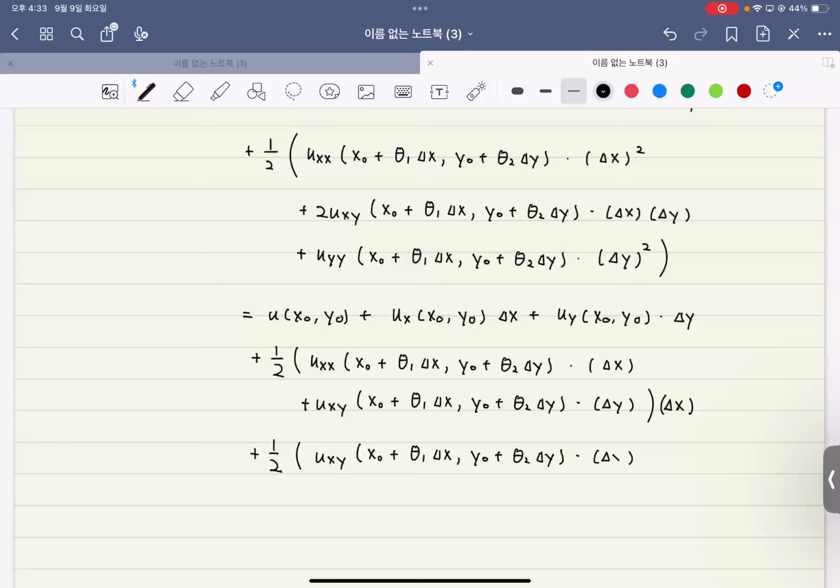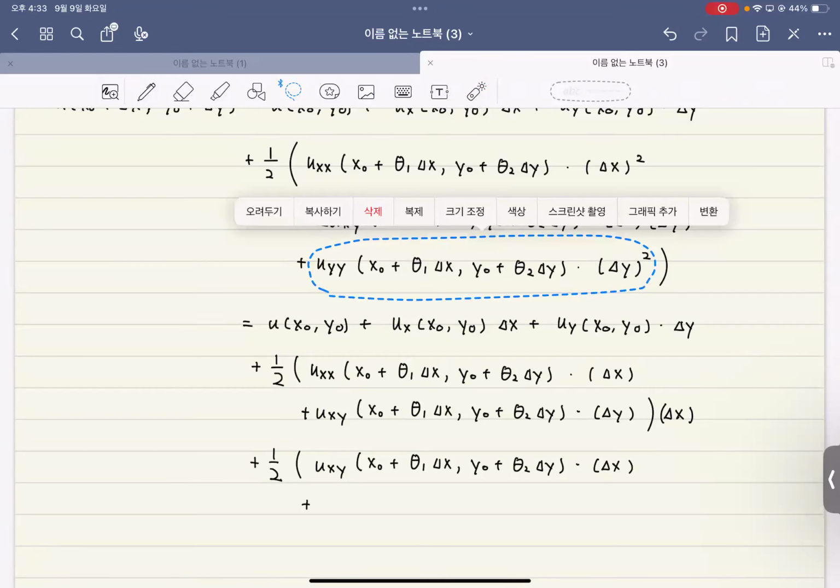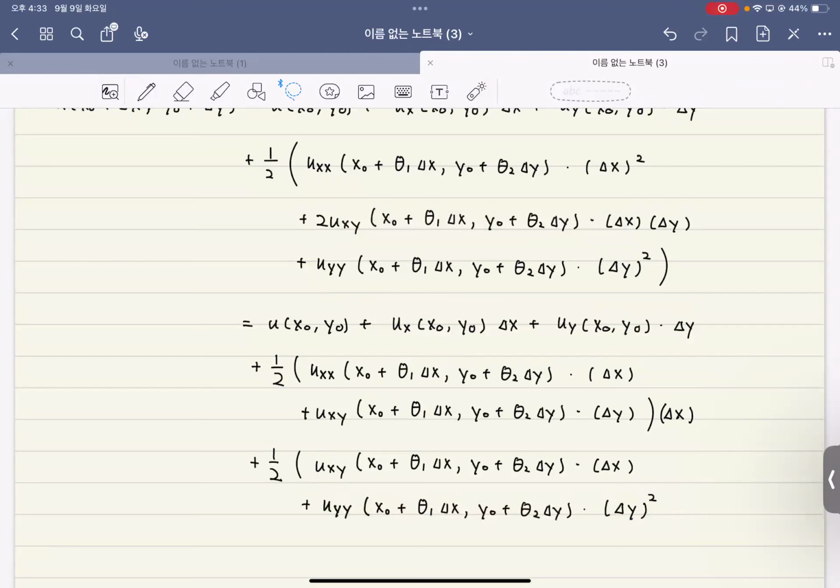This time I need just, and since I have this, this one goes to here, so I can rephrase like this. Okay, then now what?